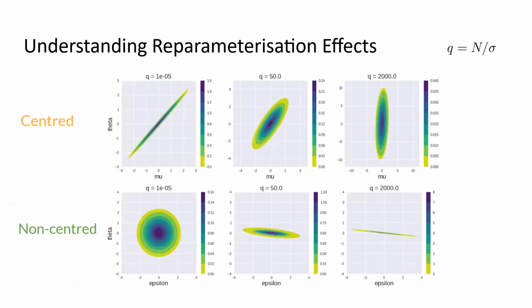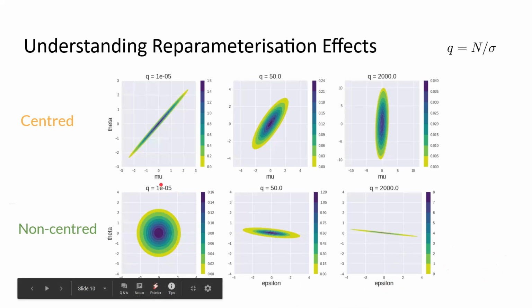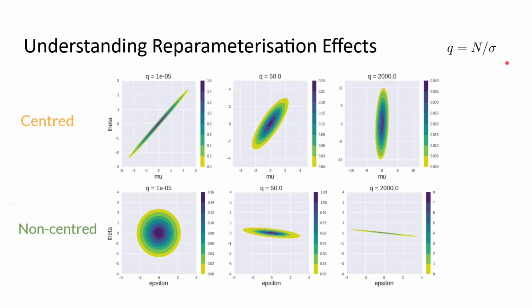We took each of the two parameterizations, the centered and the non-centered, and we plotted the joint density of mu and theta, and in the non-centered case, between epsilon and theta, or mu tilde and theta, for different values of q, where q is the ratio between the number of data points n and the standard deviation of the data.